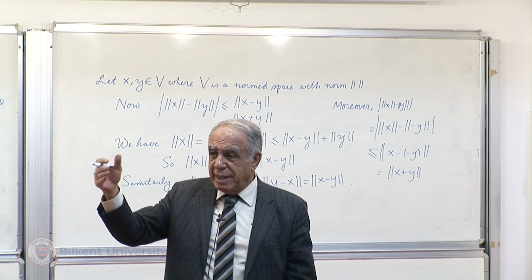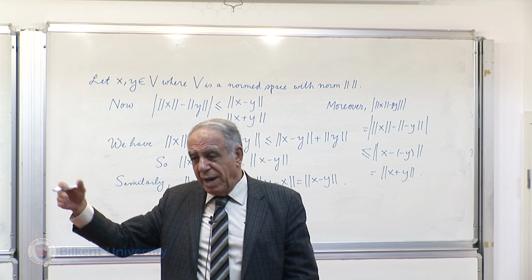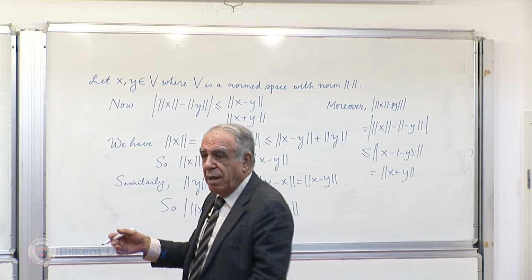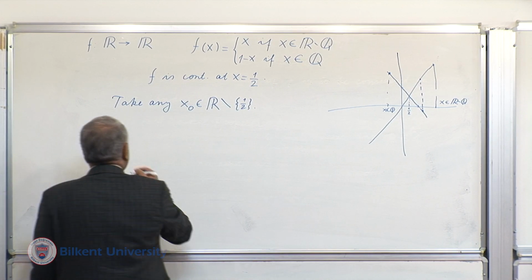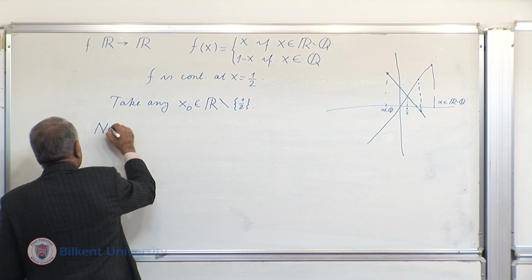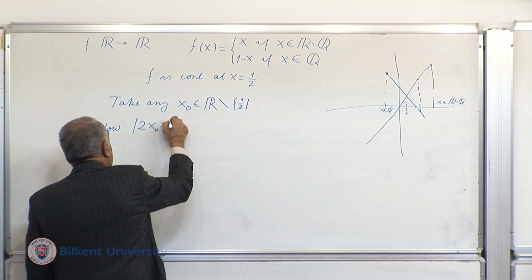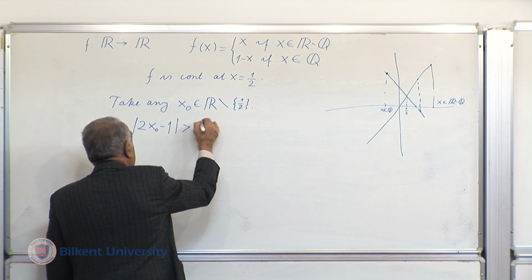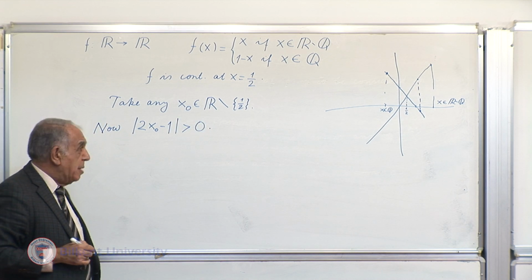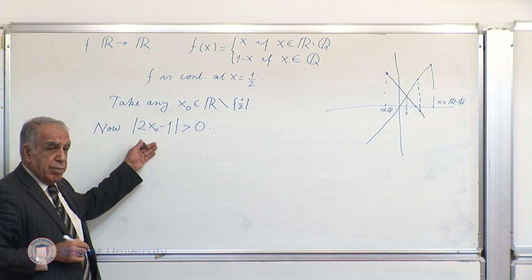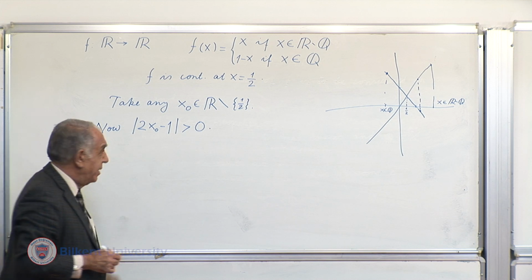It will be x minus (1 minus x) or (1 minus x) minus x at x naught. But we can take the absolute value of that. Now, the absolute value of 2x naught minus 1 will be positive. Let's make epsilon dependent upon this. Well, let's take 1/2 of this.